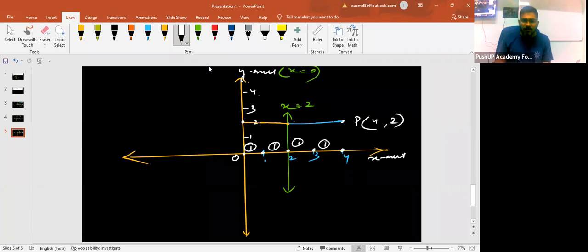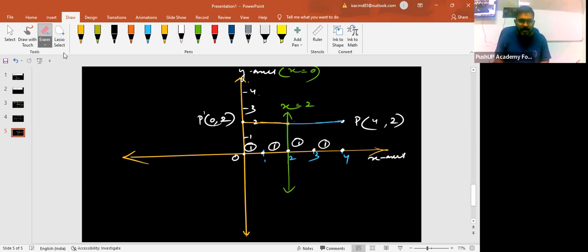All right. Now, what would be the coordinates of P dash? Exactly. The x coordinate becomes 0 and the y coordinate becomes 2. So, coordinates of P dash is 0, comma 2. Easy? Easy, no? All right. Now, children, this is the way we learn the concept.